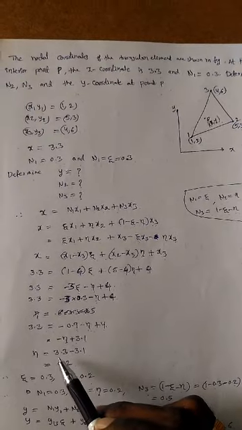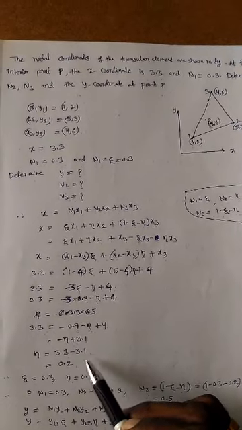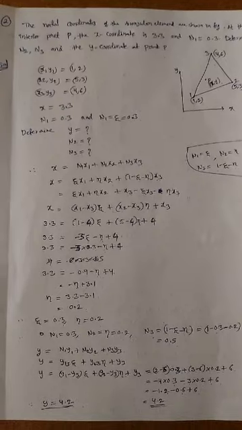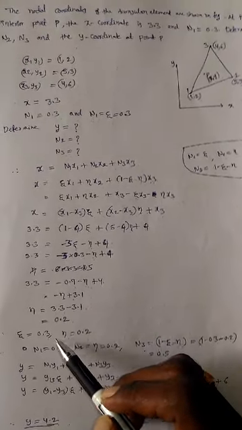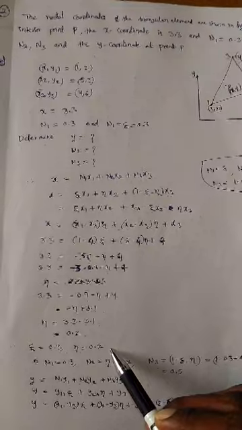Therefore, eta is equal to 3.33 minus 3.1, that equals 0.2. Here xi is equal to 0.3 and eta is equal to 0.2.